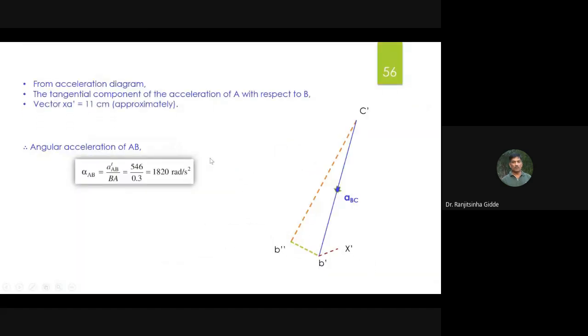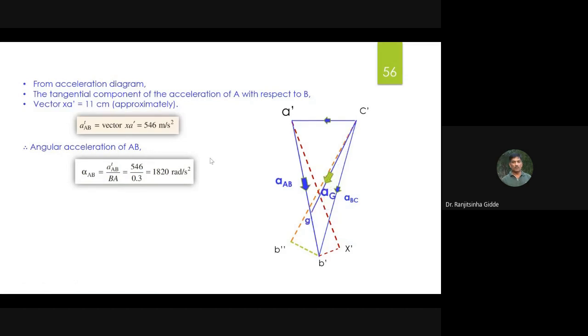So next line you can write, from the acceleration diagram. Now our aim is to find out the angular acceleration of AB.